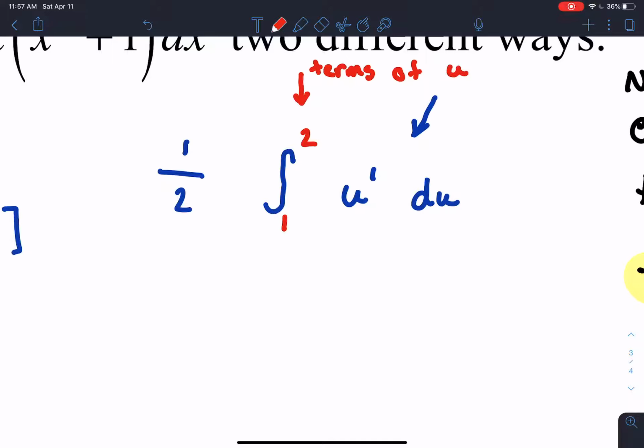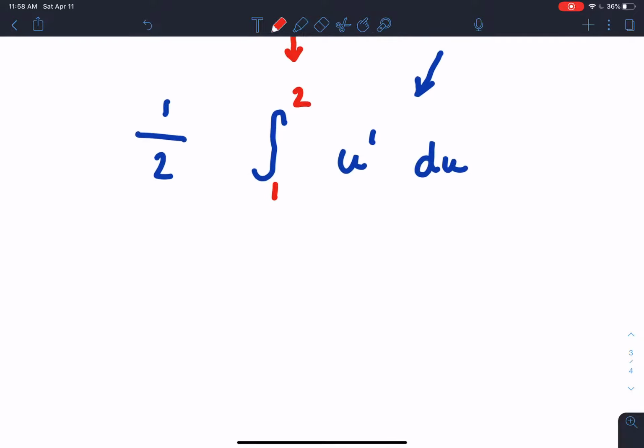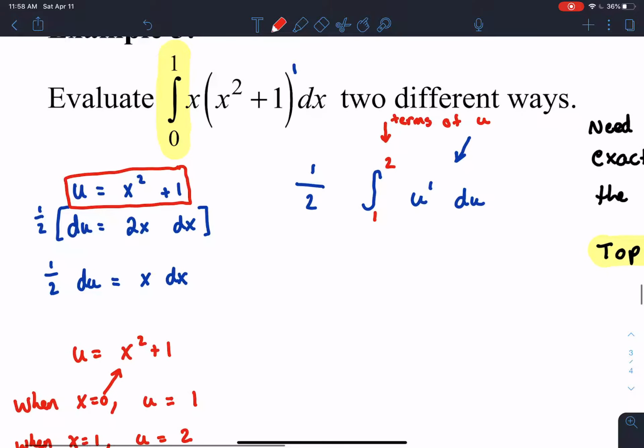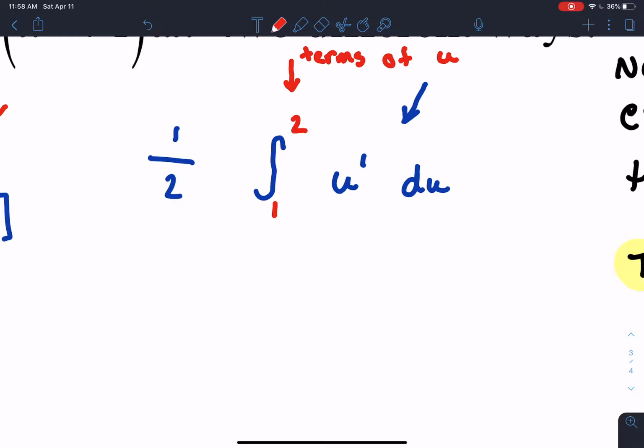You can simply do the antiderivative with just u to the first. So it's making it a little bit easier for you to plug in. There's not these big things that you have to plug into. You can simply plug it into what your antiderivative is here, okay?